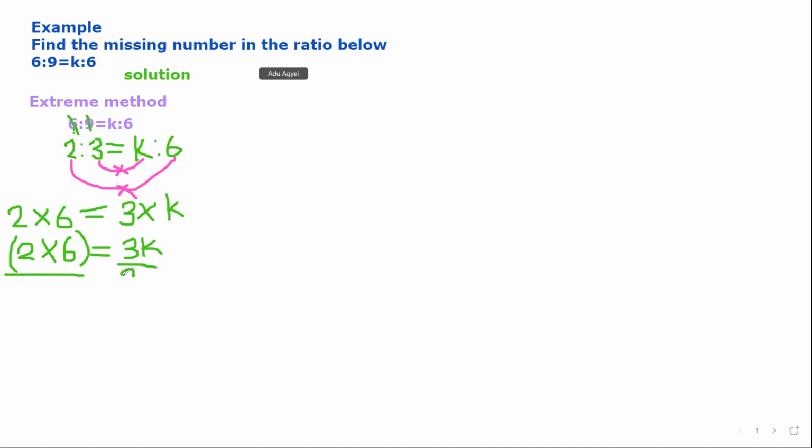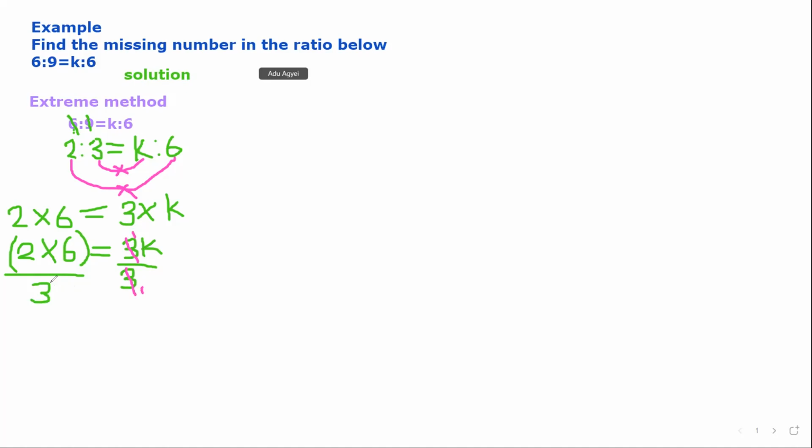Now here will be 3 and here will be 3. So with this, I think 3 here will take care of 3 here so that the k will be free.